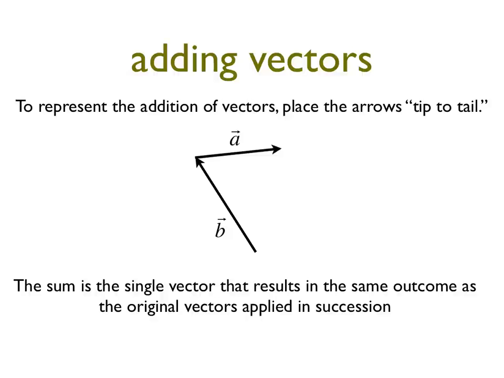Say at the tail of B, that's where you live, your dorm room or your apartment. First you go to the MU, and then from the MU you go to class. That's the A vector, going from the MU to class. The sum of the two is like the phrase "as the crow flies."